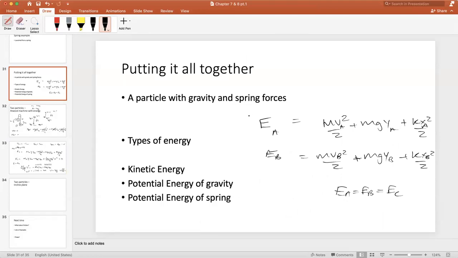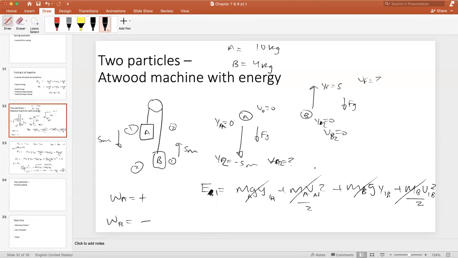We're calling them A and B, but we just wrote the types of energy it had, and we wrote them for both of them: A gravity, A kinetic, B gravity, B kinetic. All we have to do is write down the types of energy each mass in the system has at that particular time or moment, I guess would be a better way to say it.